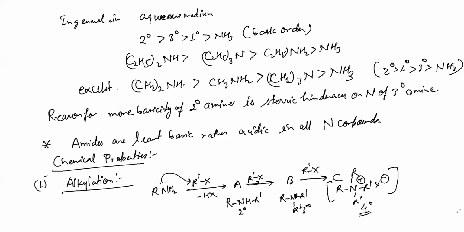Next, second one is important: acylation. Can you complete this reaction? RNH2 reacting with R'COCl. Here delta minus, here delta plus.